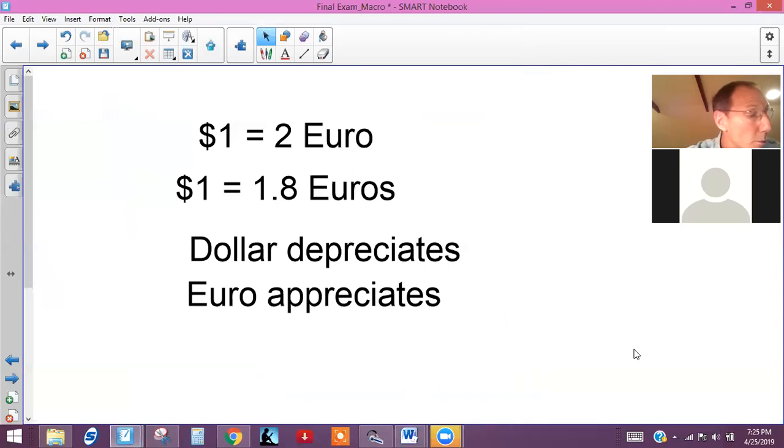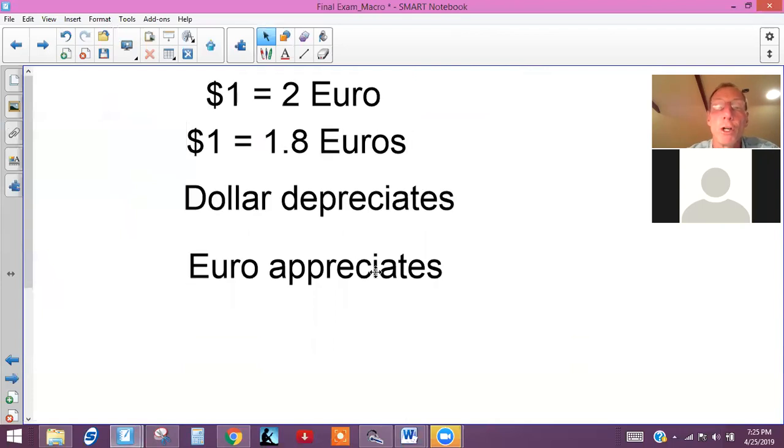So the question is, if we're buying European goods in America, and we're importing, or America is importing goods from Europe, do they get more expensive or less expensive?